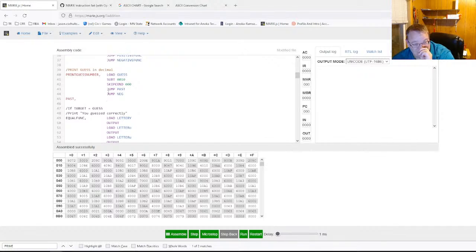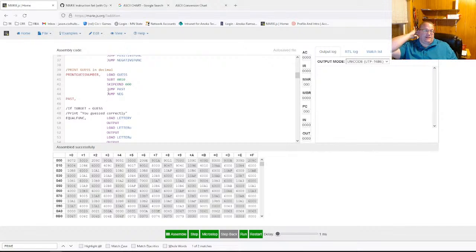Okay, so if it was negative, no. So either we jump past the negative or we jump to a thing called neg. We'll come back to handling the neg. Okay, so then this says it wasn't negative. Right.